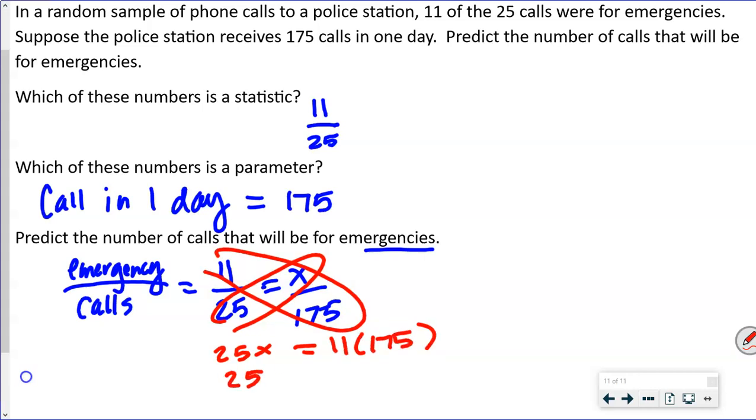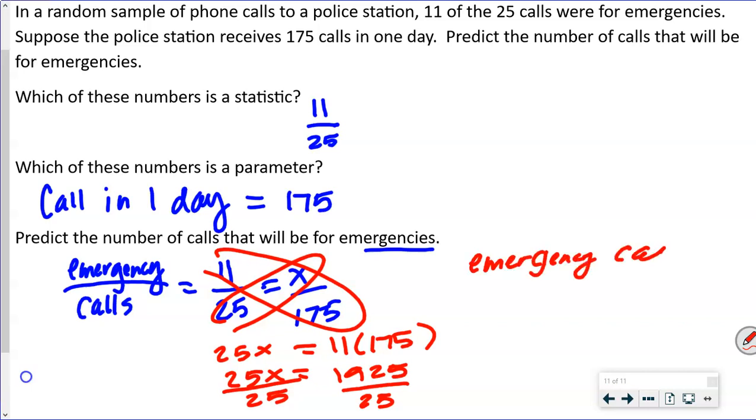So that's 25x is equal to 1925, sorry. Going to divide both sides by 25. So how many emergency calls did we have? Or are we expecting, I should say?